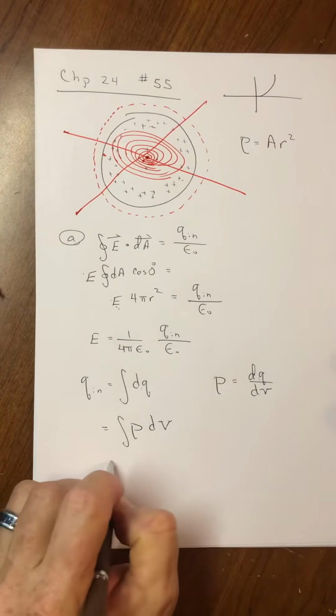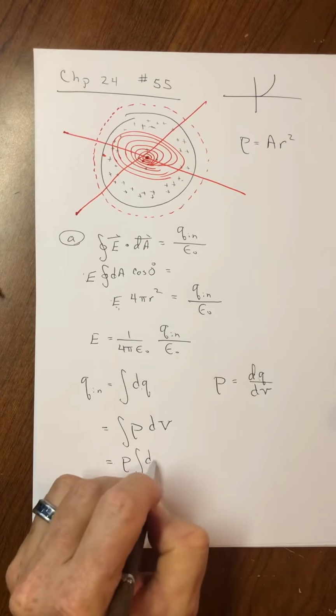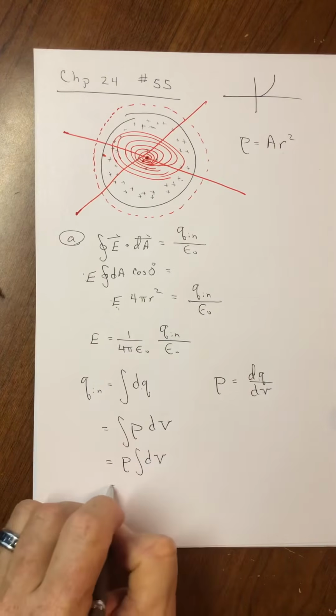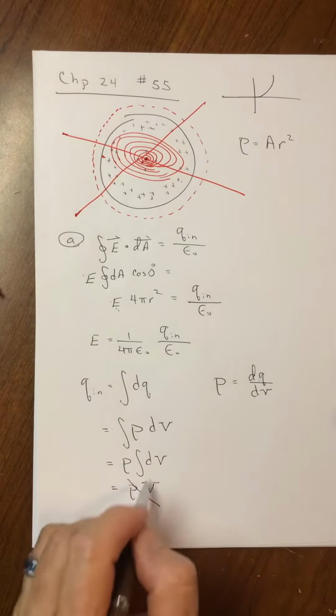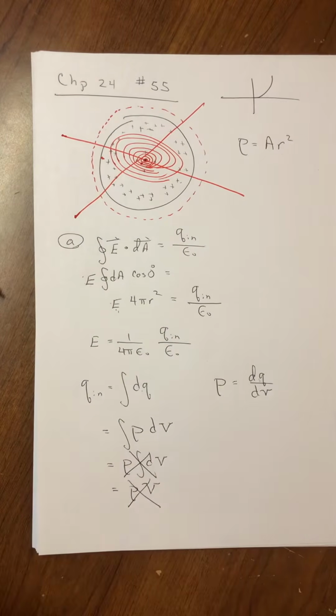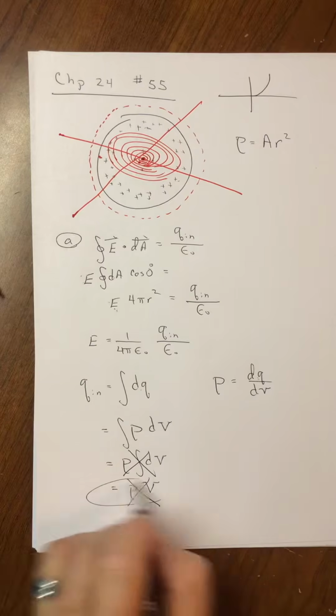And in this case, if we were to pull the density out in front, we would be getting this equation, which would be a mistake, because the density is non-uniform. That's why I'll say it again.